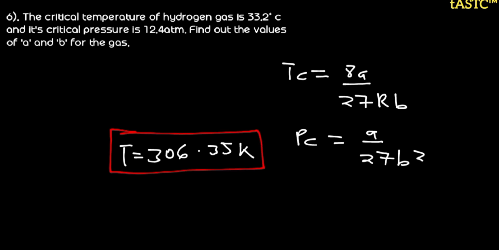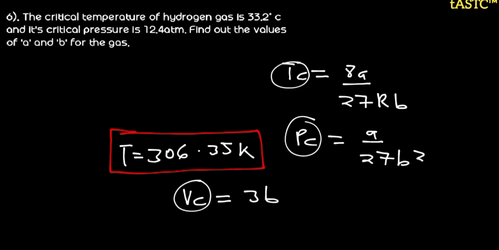So let us find out what A is from this part. Well, we do not really even have the B. So in this case, we're also going to need a V sub C. Now V sub C is equal to 3B, right? Now we had already said that we could express all these forms in terms of each other.